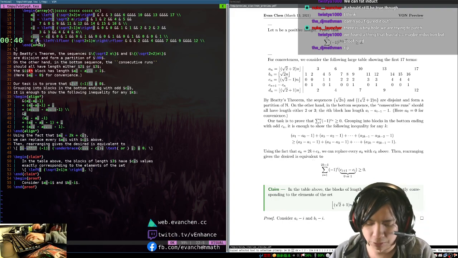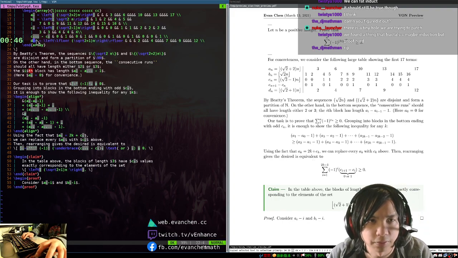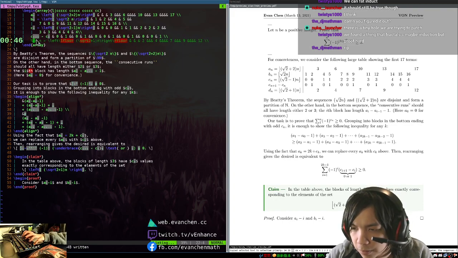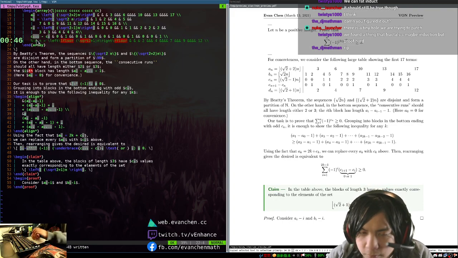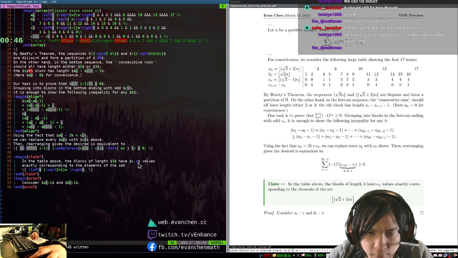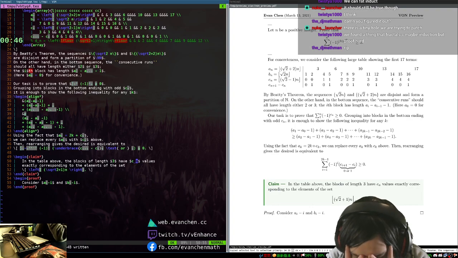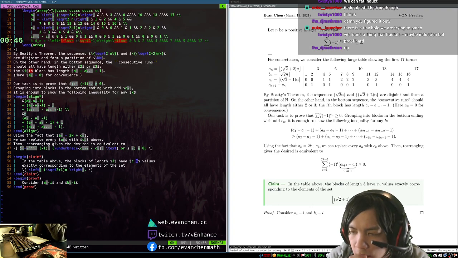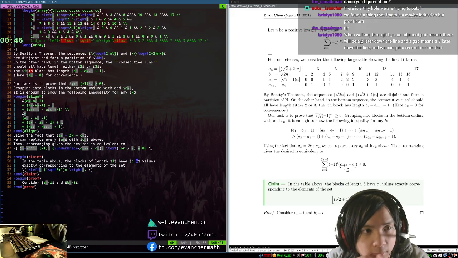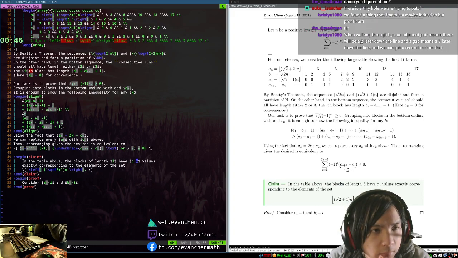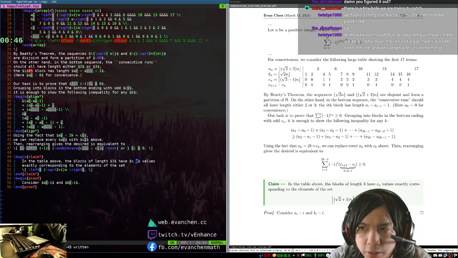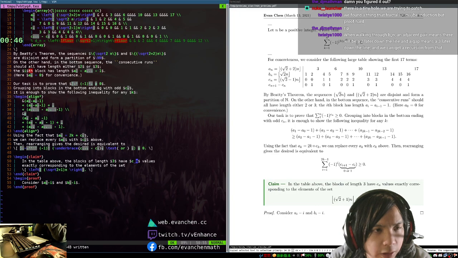Okay, I'm gonna comment out this row because I don't think this row really fits in the picture. Walking through b_n, an adjacent pair means there will be a 2 later down.